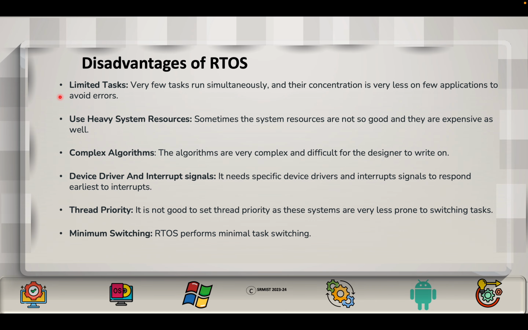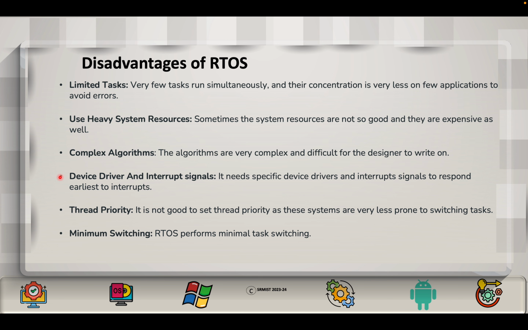The disadvantages: limited tasks. Very few tasks run simultaneously, and the concentration is on few applications to avoid errors. Next disadvantage: use of heavy system resources. Sometimes the system resources are not so good, and they are expensive as well. Complex algorithms: the algorithms are very complex and difficult for the designer to write.